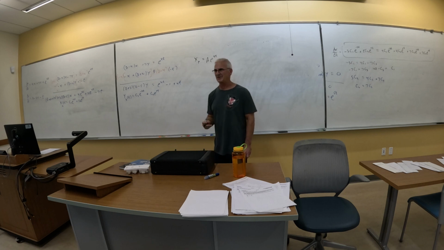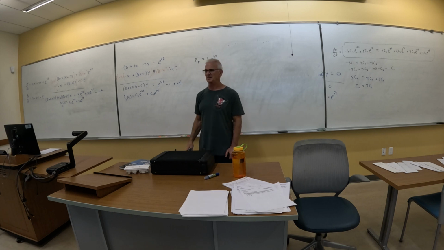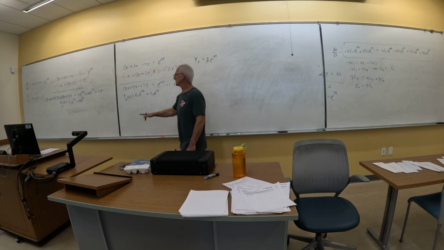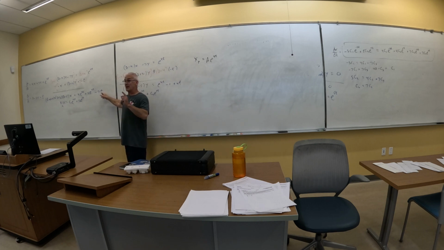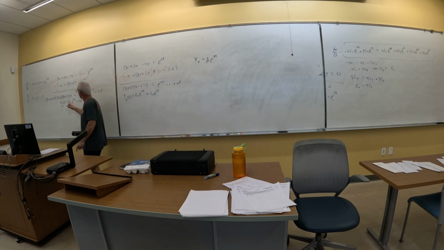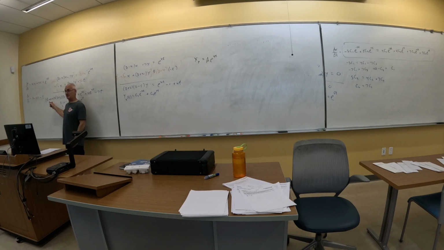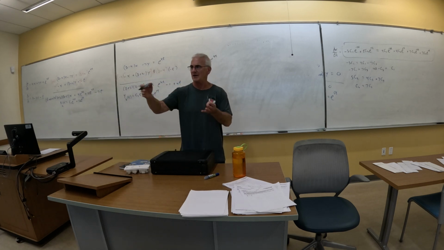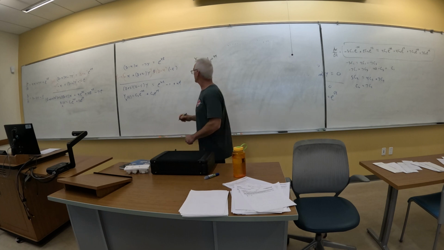So what's the highest degree that I should have for my t's? 1. Because if I use a t squared, then when I do two derivatives in the function, I'm still going to have a t squared in my answer. It won't go anywhere. So t is going to be the highest thing I have. That's how you remember, I can't go higher than t because then I'll have something higher when I get done with my derivatives.